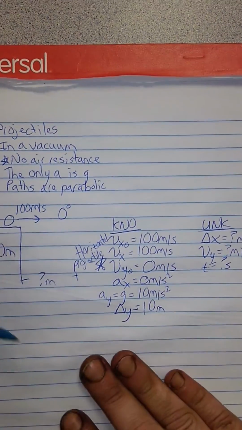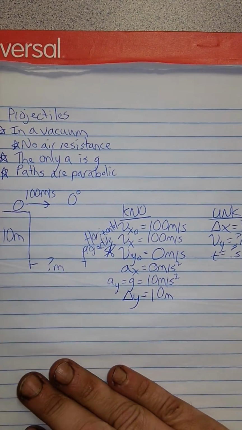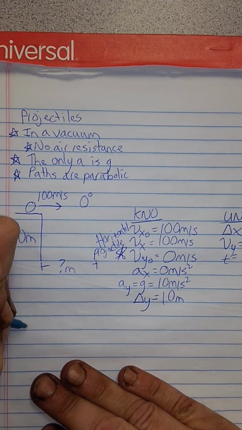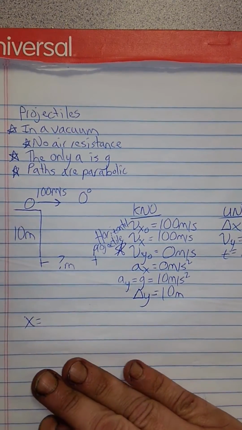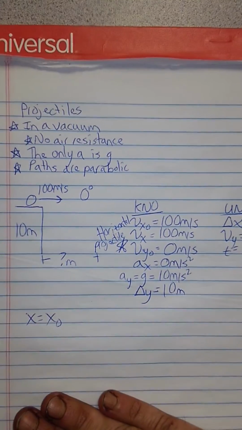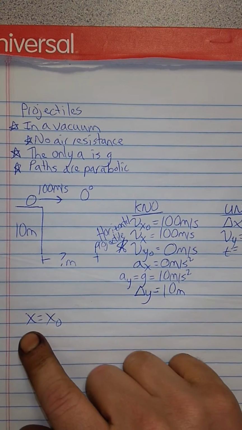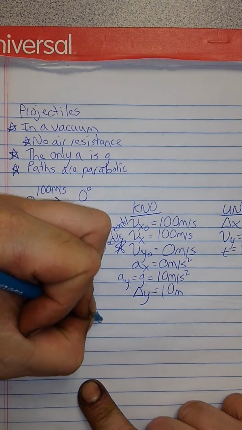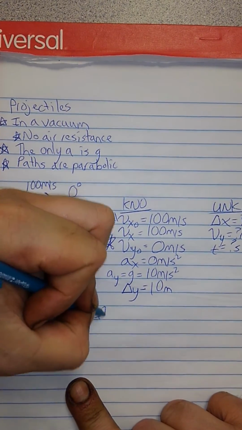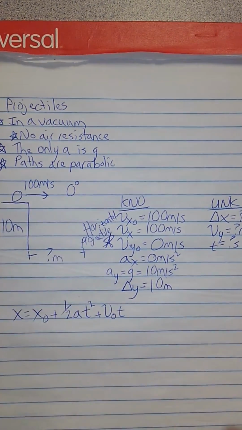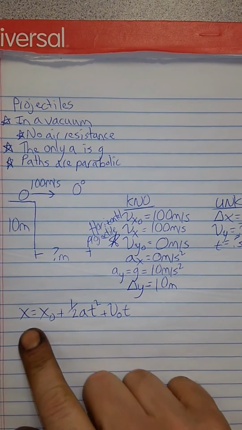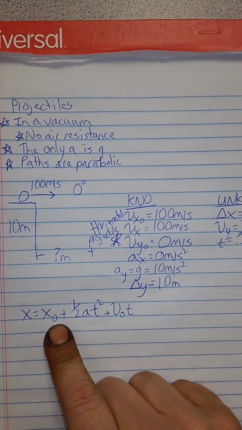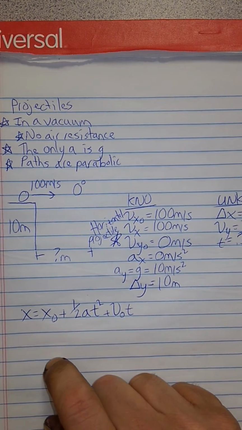If you have your formula sheet, the second equation on there follows this format: x equals x naught plus 1/2 the acceleration times the time squared plus velocity initial times time. If we set this equal to 0, we have in essence a quadratic equation.